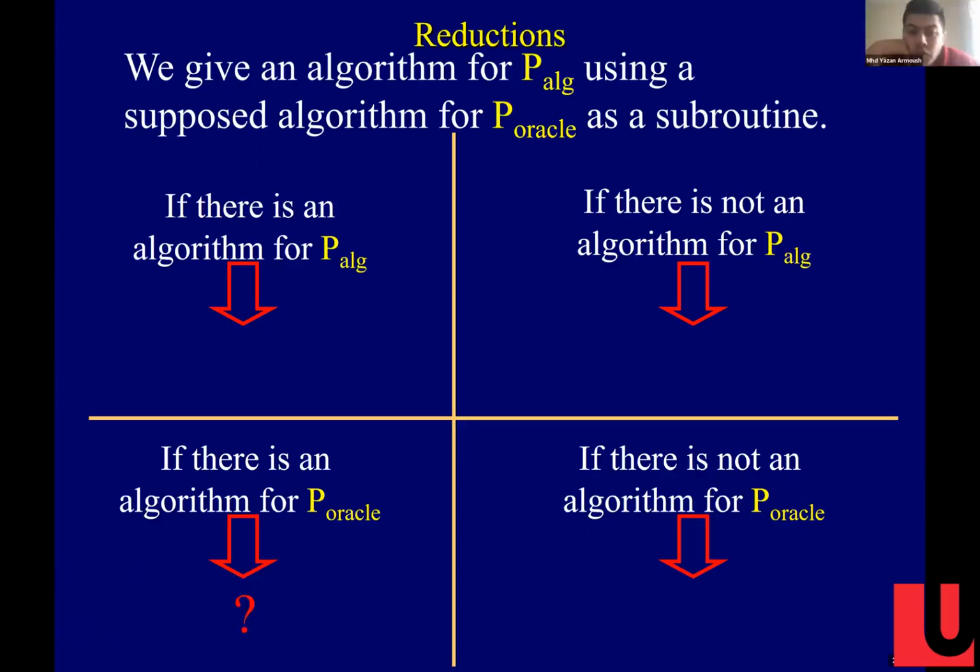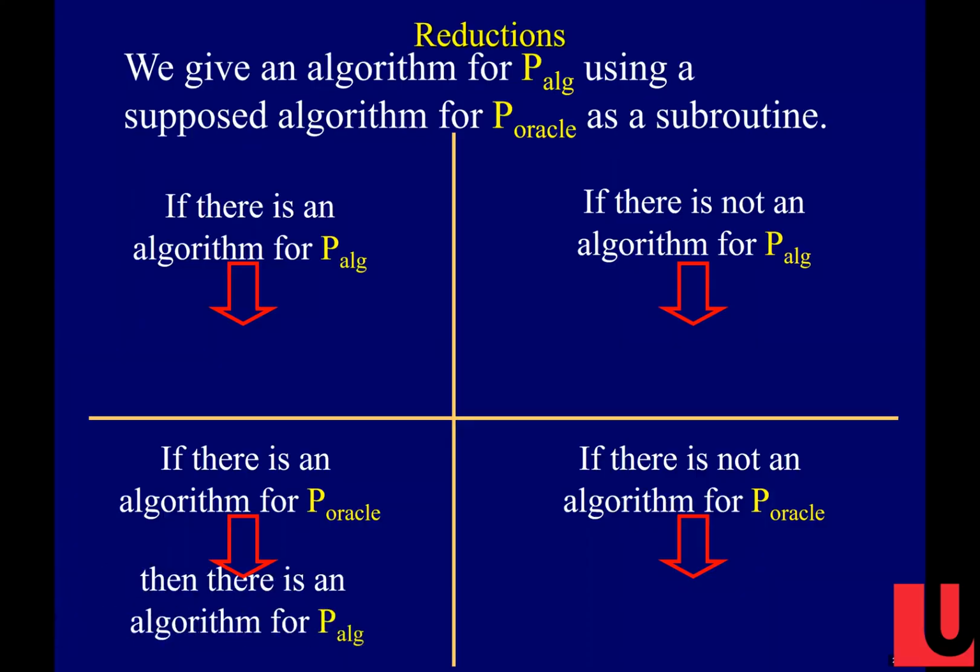I guess the algorithm for the oracle problem solves the algorithm problem. Right? Here we're saying I give you an algorithm for the algorithm problem, given I have an algorithm for the oracle problem. So if I do have an algorithm for the oracle problem, then I do have an algorithm for the algorithm problem.